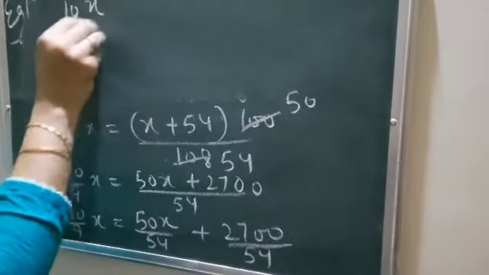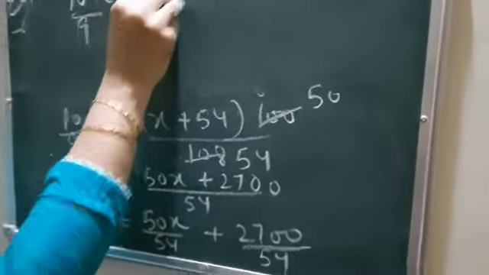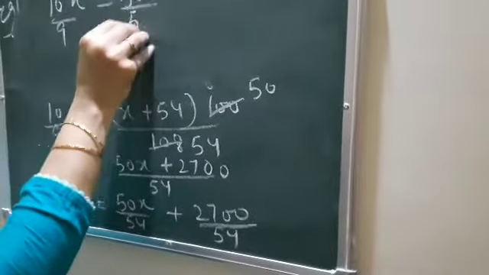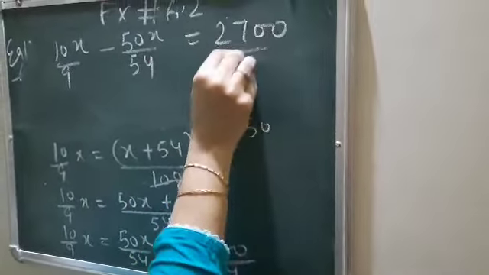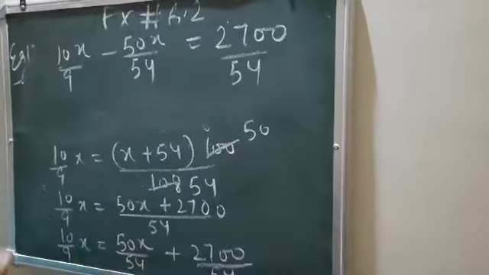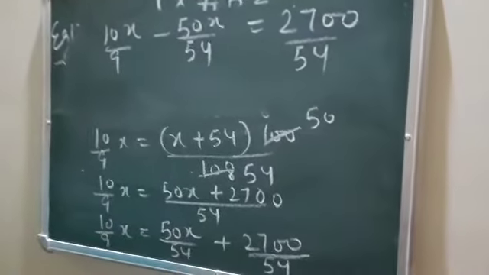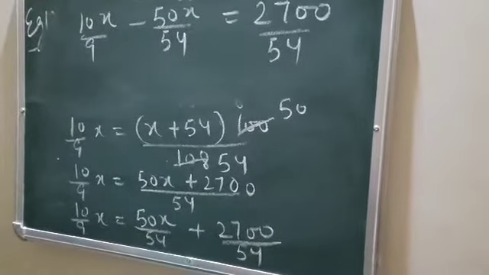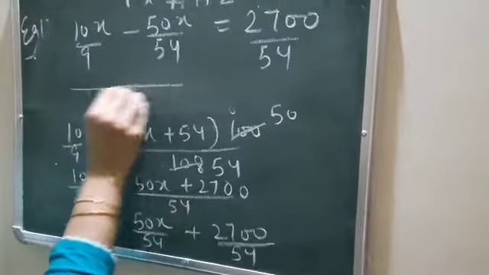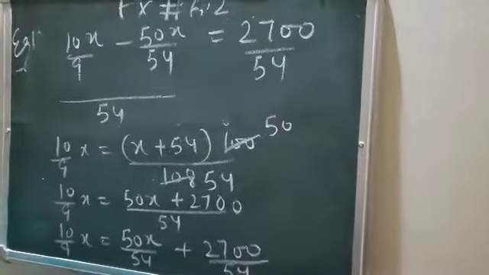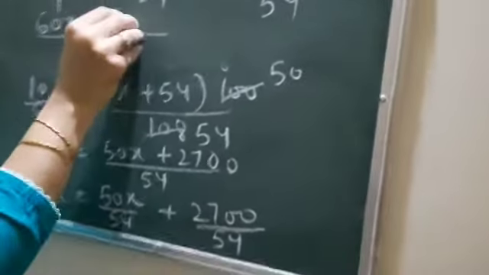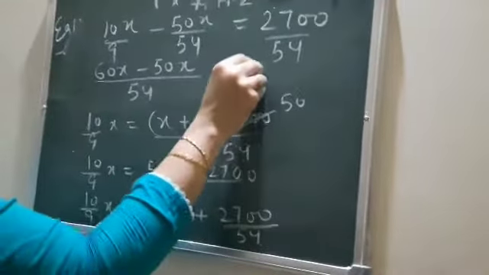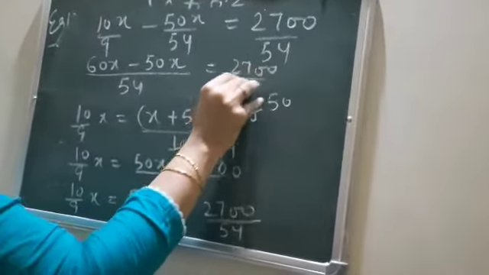10x upon 9 minus 50x upon 54 is equal to 2700 upon 54. What I have done in this step, I have just combined the like terms, brought this 50x upon 54 to this side with a negative sign. Now take LCM. 54 divided by 9, 6. 6 times 10, 60x minus 50x is equal to 2700 upon 54.